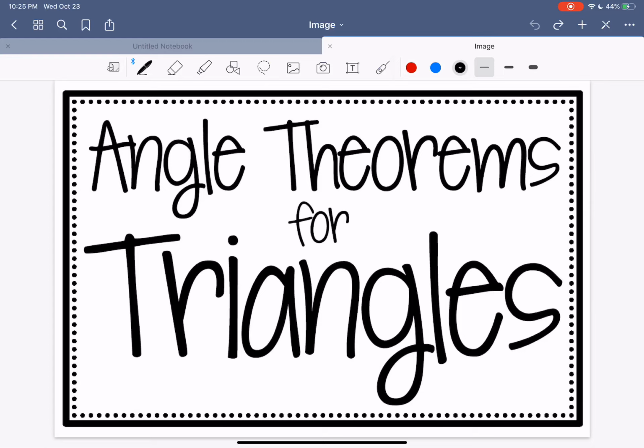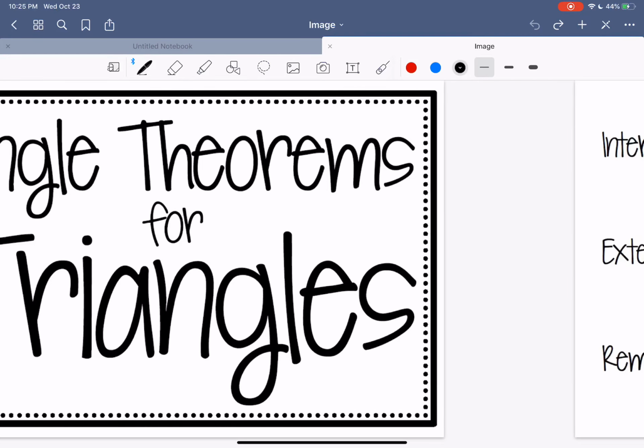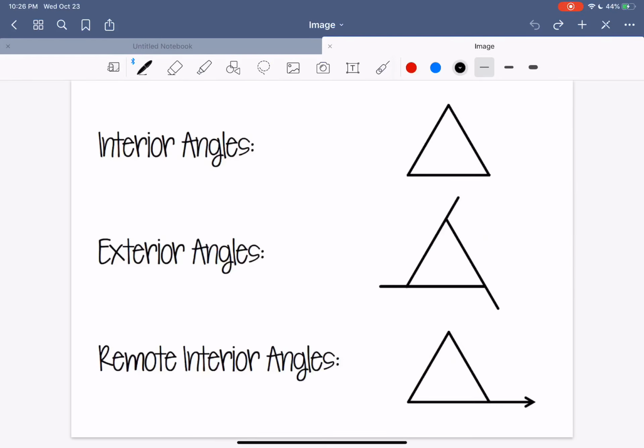So when you flip this open, you will see the first page at the top. All of this is going to be under the vocabulary tab, and we're going to talk about 3 different types of angles, and the first one is interior angles.